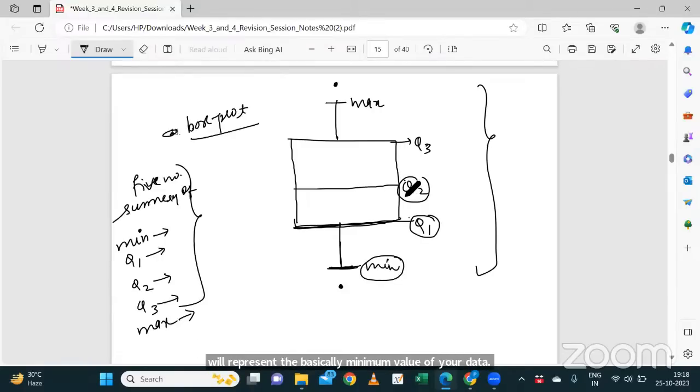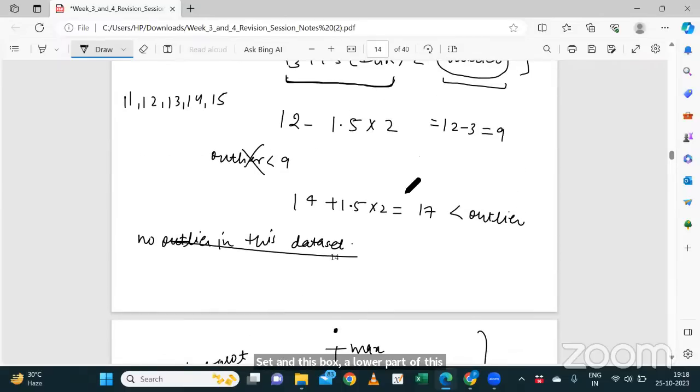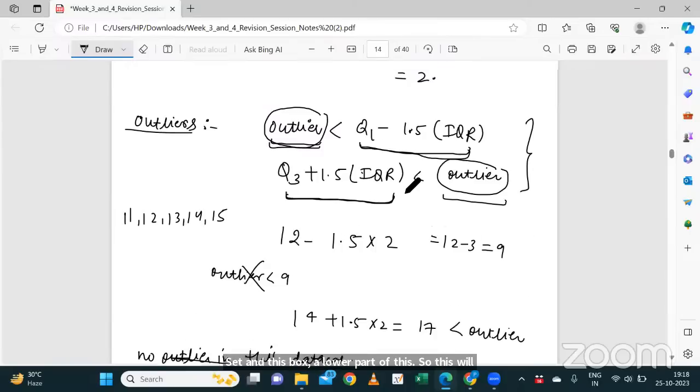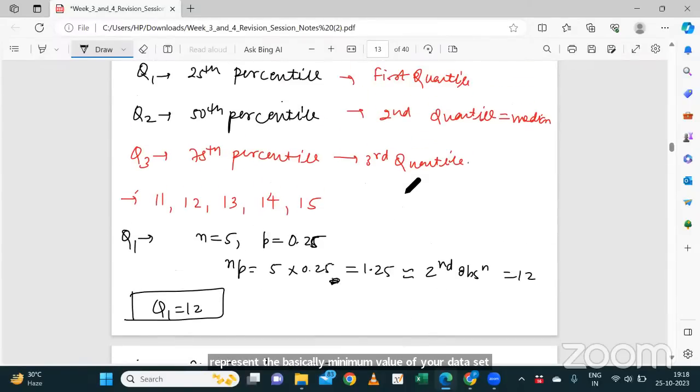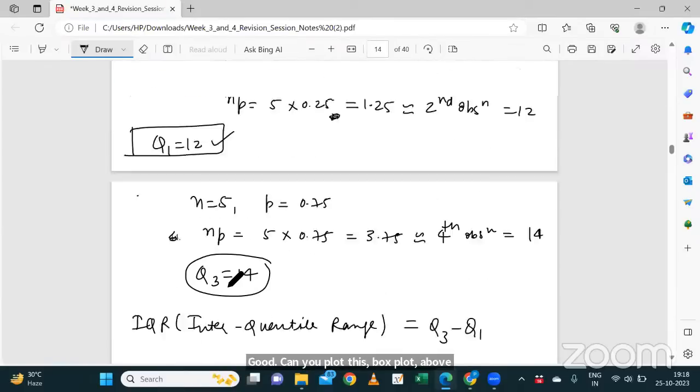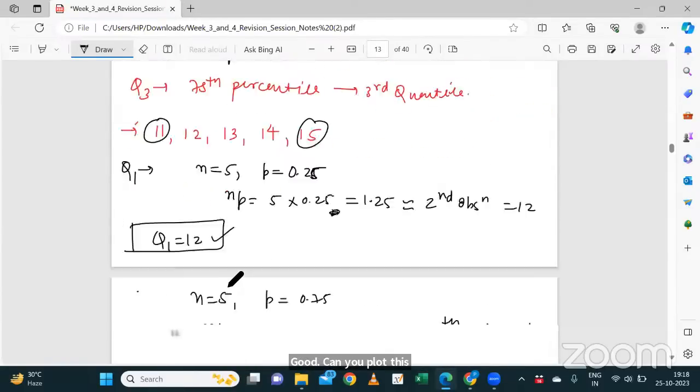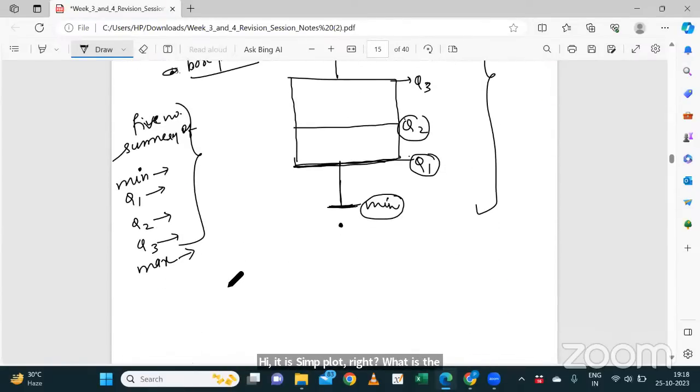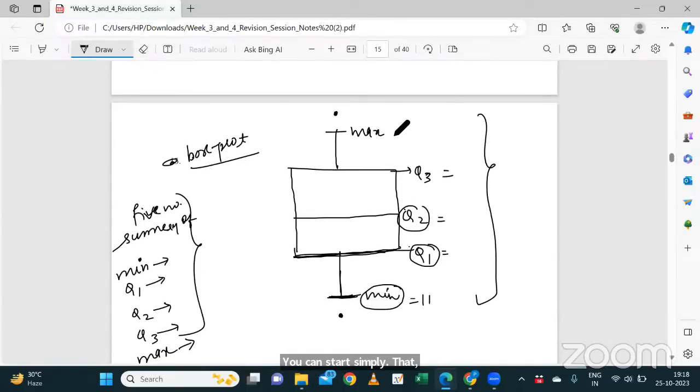You can simply plot it. Minimum is 11, maximum is 15, Q1 is 12, Q3 is 14, and the median will be 13. You just have to put the values; that is not tedious stuff.